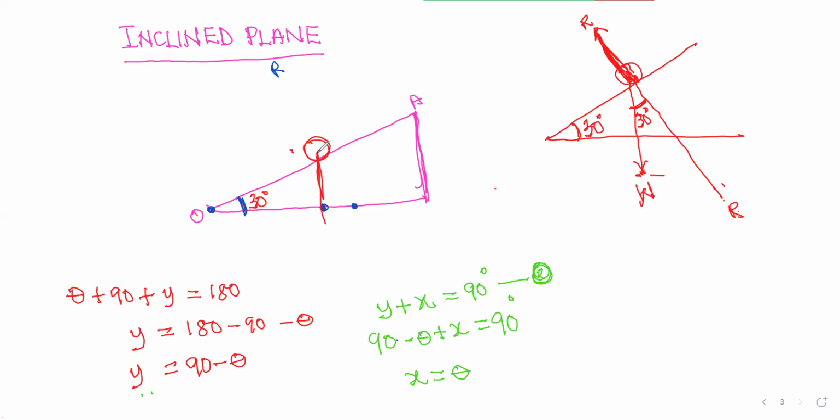So the weight is W. The normal reaction is expected to be perpendicular to the inclined plane. So that is here, R. If we extend the normal reaction, R is also here, the same line.